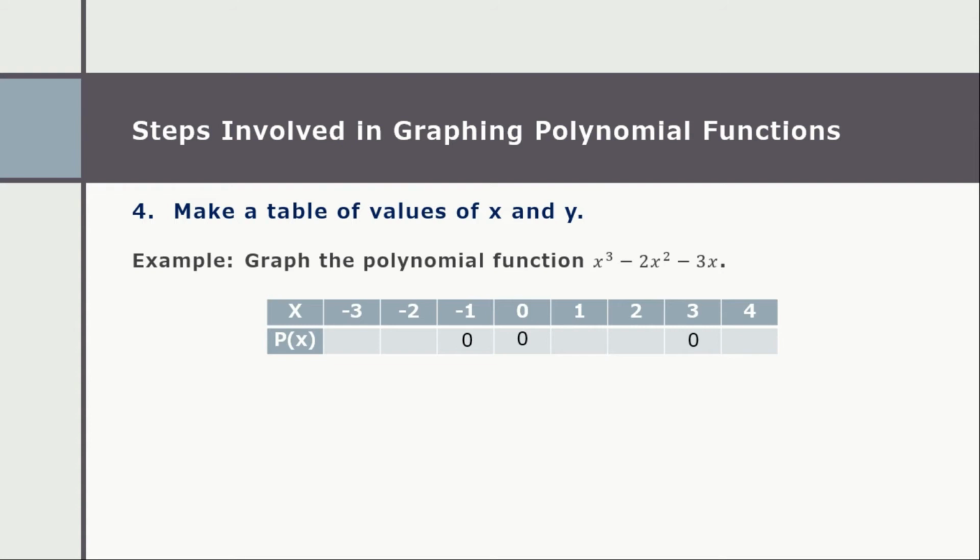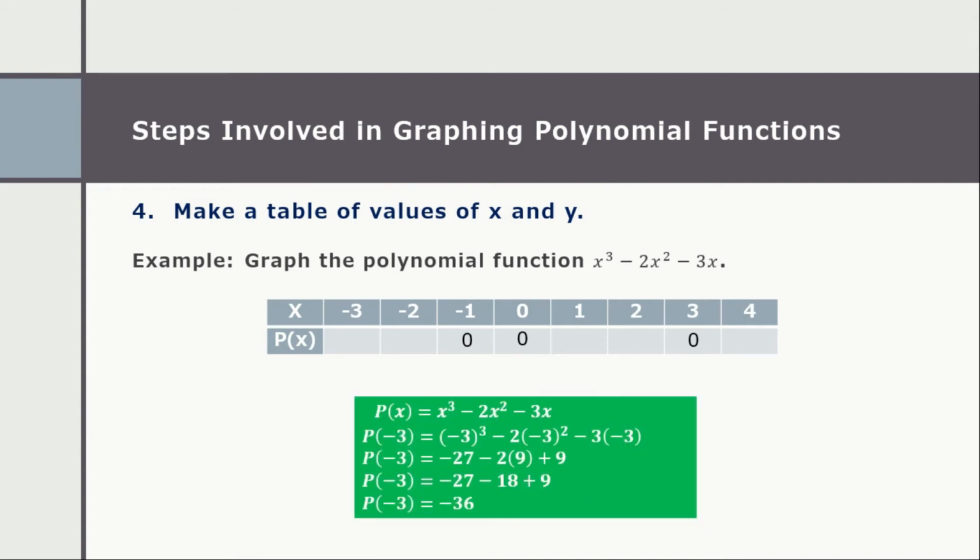Automatically, we write 0. And in order for us to identify the value of p of x, we need to substitute the given values of x to the given polynomial function x raised to 3 minus 2x raised to 2 minus 3x. Let's begin with -3.